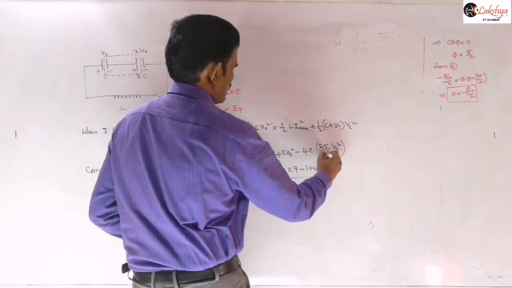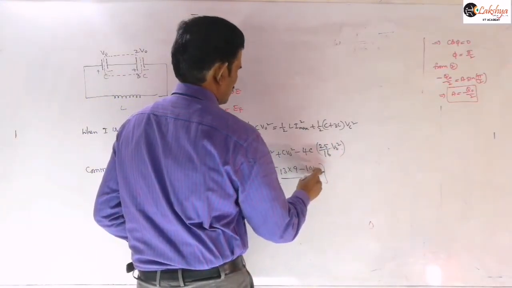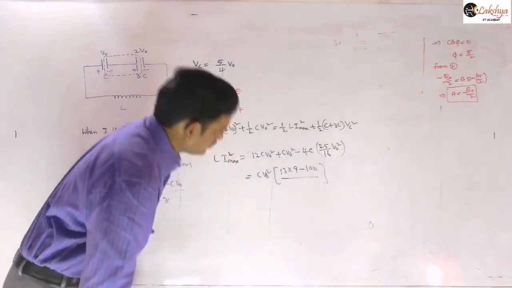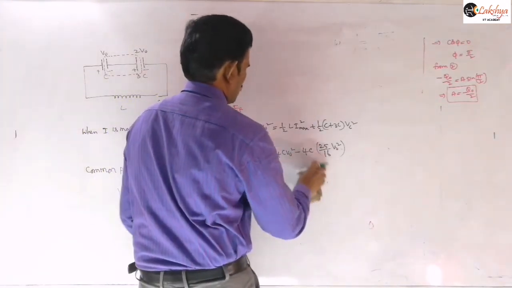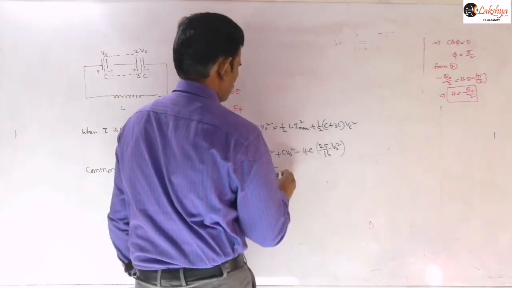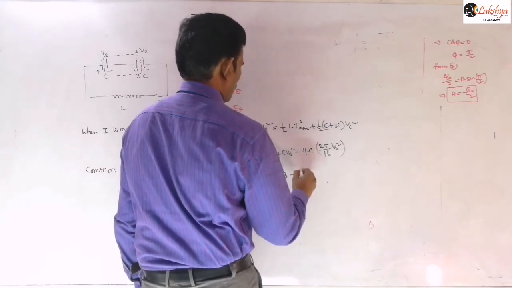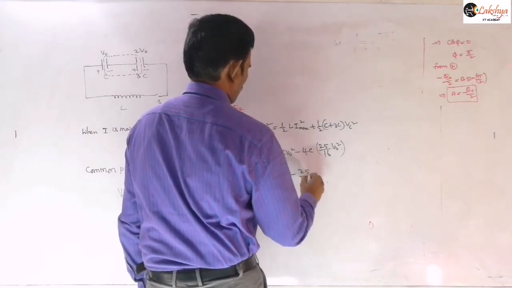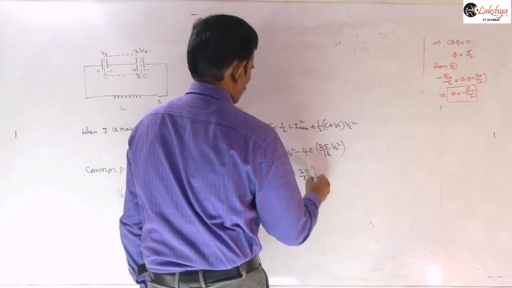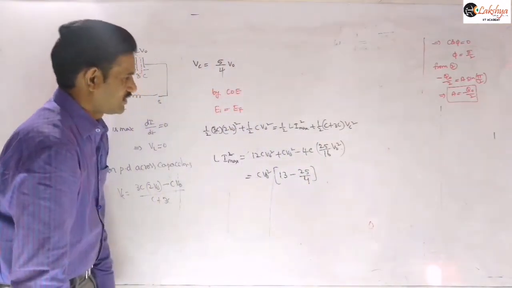So then it is 16 you will get here. Then 16 means, see this 1, 4 will be cancelled. Then you can write this as 13 minus 25 by 4. Right?